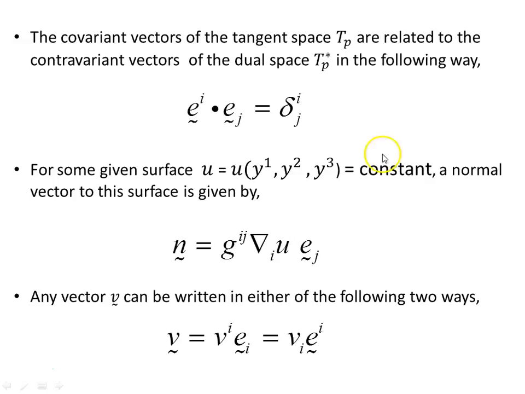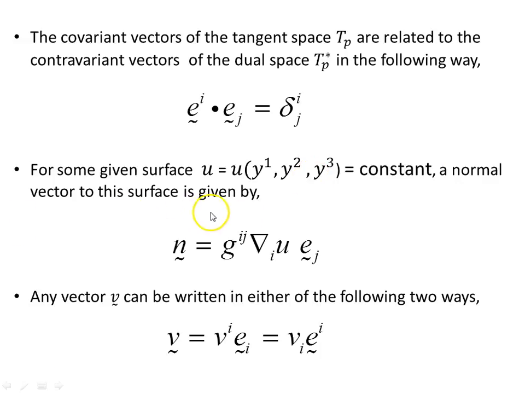Next bit. So the covariant vectors of the tangent space T_P are related to the contravariant vectors of the dual space T_P star in the following way, and we found this in the previous video. We showed why that's the case. Right, now for some given surface, U is a function of y1, y2, y3, so we're back in 3-space again, and it is equal to a constant.